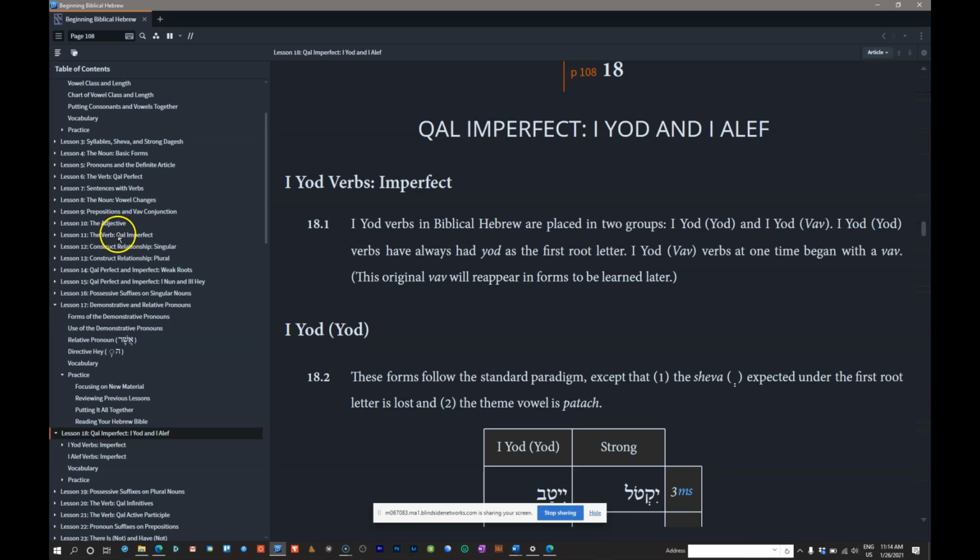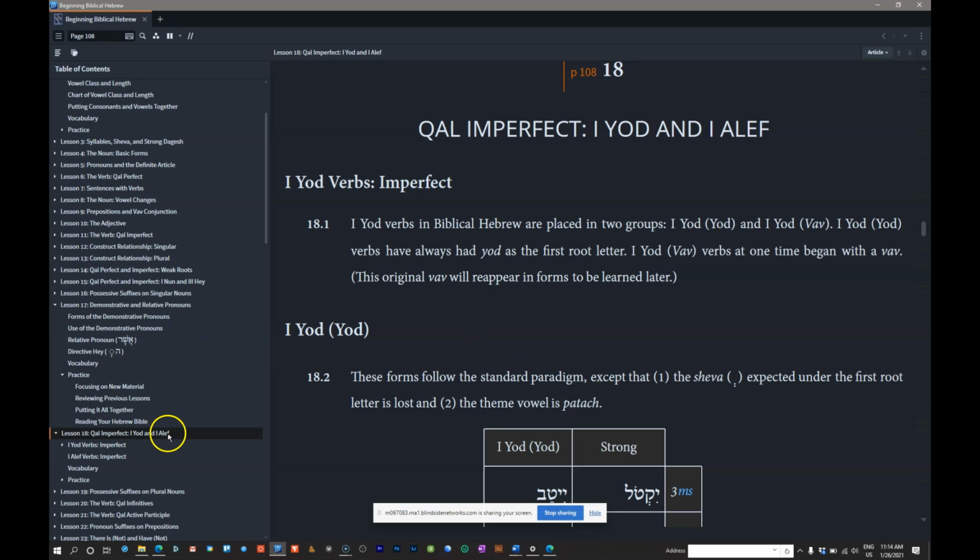In lesson 11, so we learned the qal perfect conjugation in lesson 6, and then in lesson 11, we started to learn the qal imperfect. And all that we're doing here now is we're acknowledging that some of the letters in the Hebrew alphabet are tricky. That when you put them into certain places in words, they do weird things.